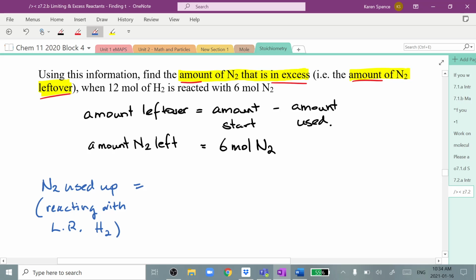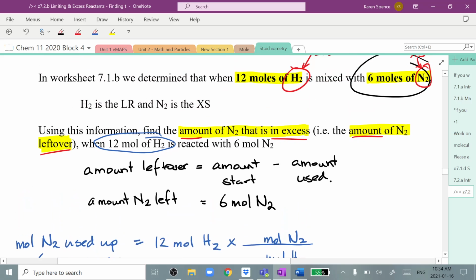So we will be starting with the 12 moles of H2. So we have 12 moles of H2, and we want to find the moles of N2 used up, so we need to cancel moles of H2 and find moles of N2.